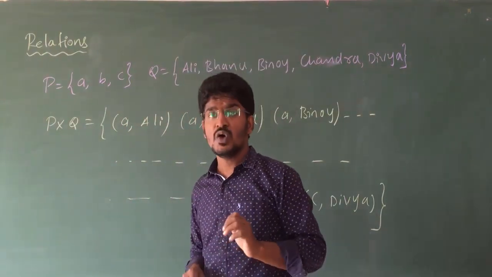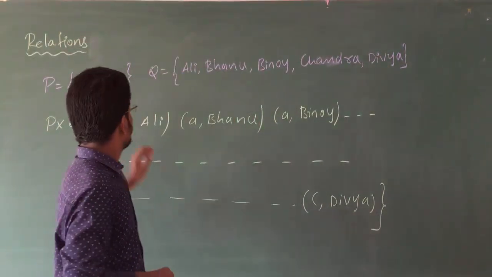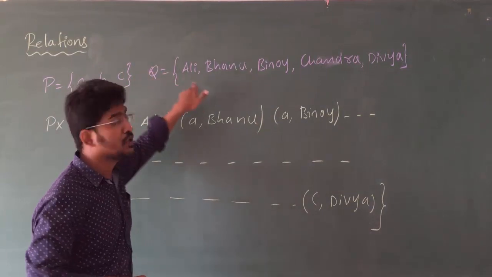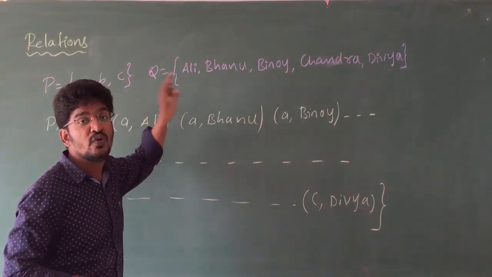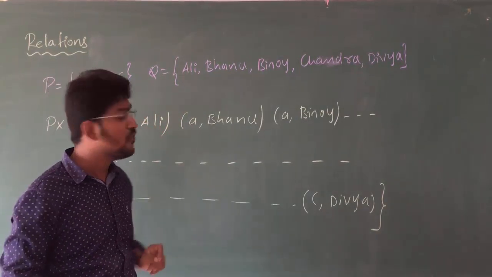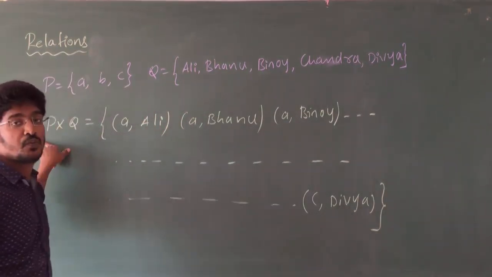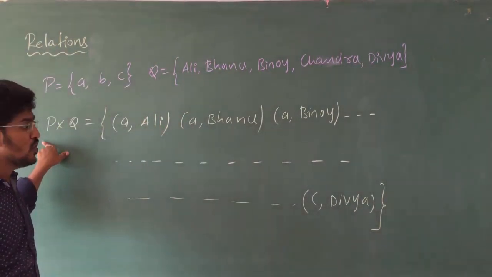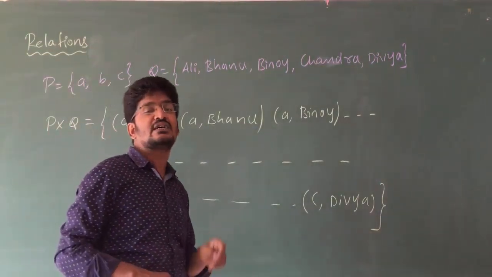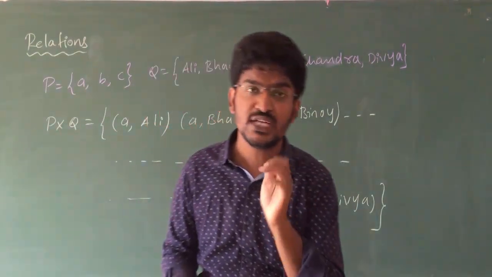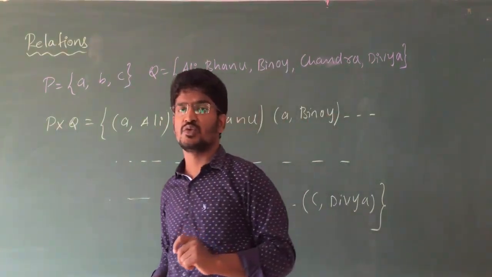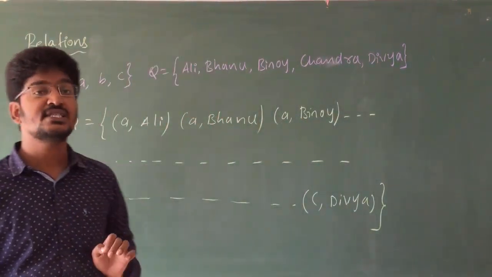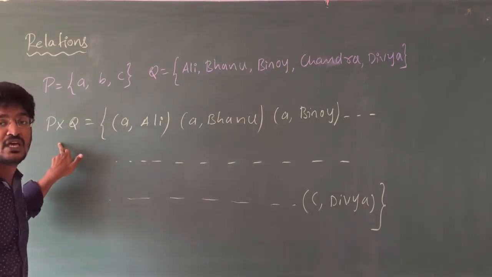What I am going to do? I am going to have a relation from P to Q which is a subset of P cross Q. Clear? So that particular set is going to be a relation which is a subset of P cross Q.